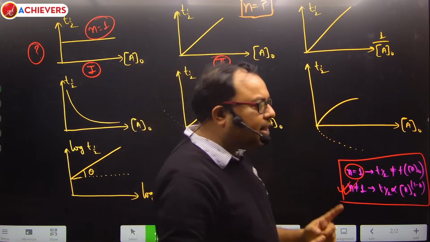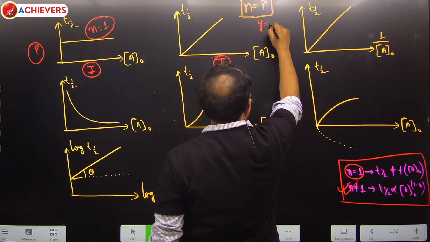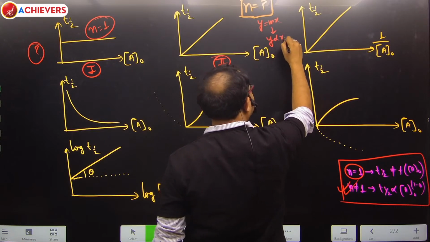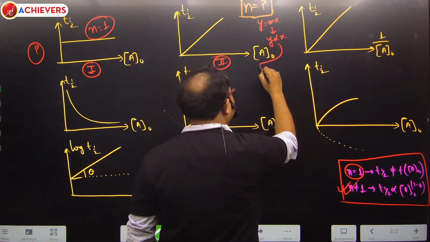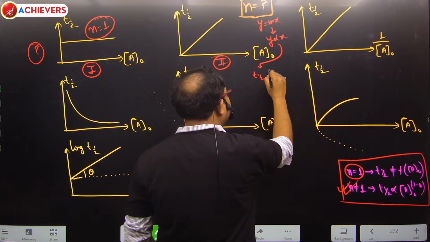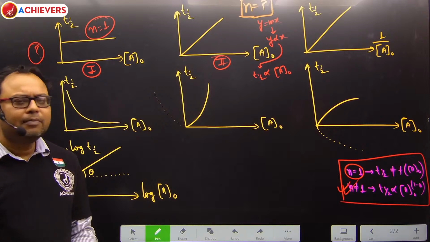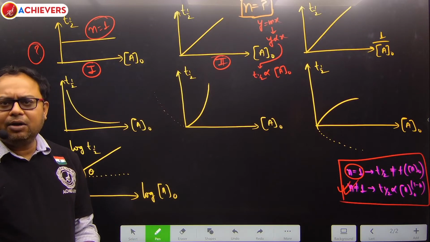So if a straight line satisfies the origin, then the fundamental equation is y equal to mx. We all know that. That means y is proportional to x. Here along the y-axis we are plotting T half. So here T half becomes proportional to A naught. And what is the power of A naught?